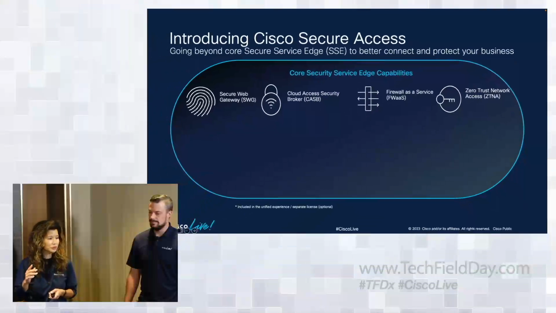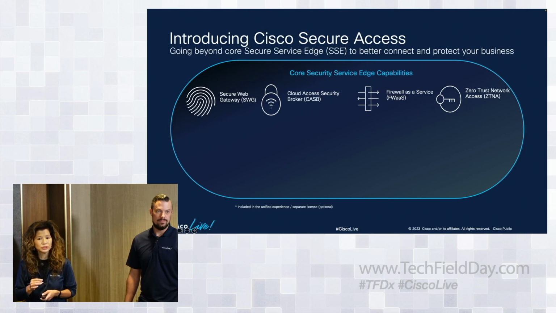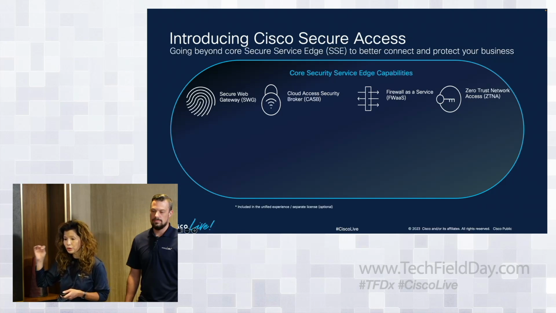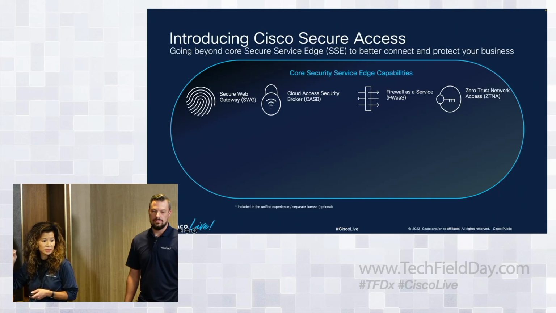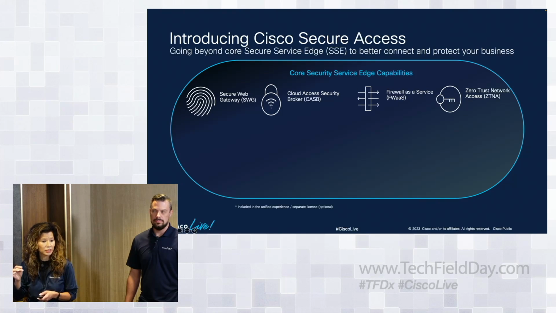Okay, so introducing Cisco Secure Access. This is Cisco's new unified SSE solution. At its core, it has the core components of the Security Services Edge, SSE. First, we start off with the Secure Web Gateway, which provides deep inspection and control of web-based traffic.